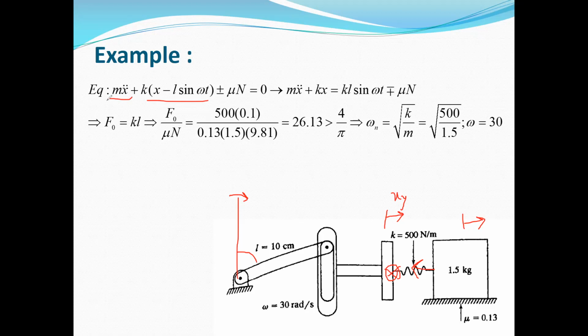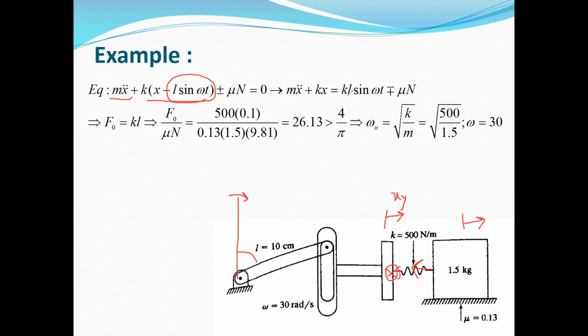We can write the equation of motion: m x double dot plus k times the deflection in the spring, which is x minus L sine omega t, plus or minus mu N is equal to 0. There is no external force, and this term will appear as an external force in the equation of motion.